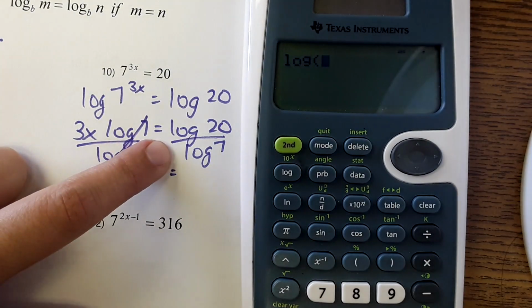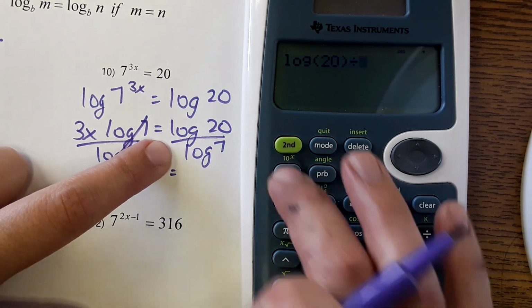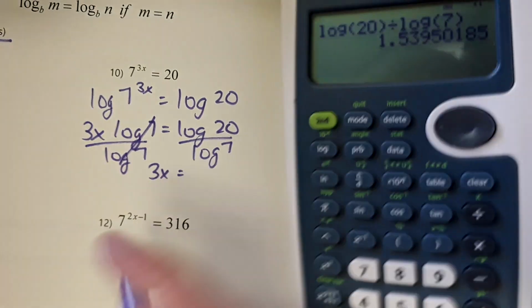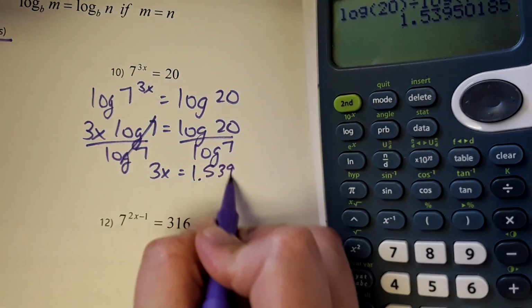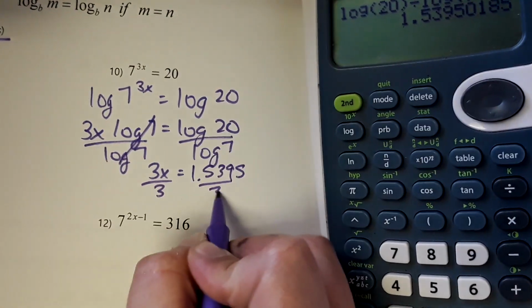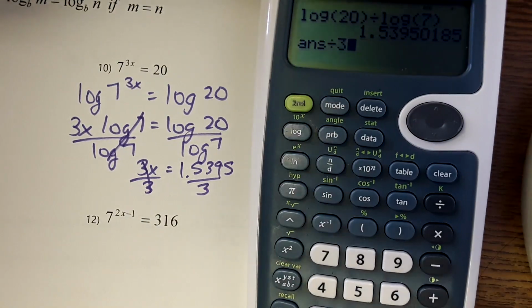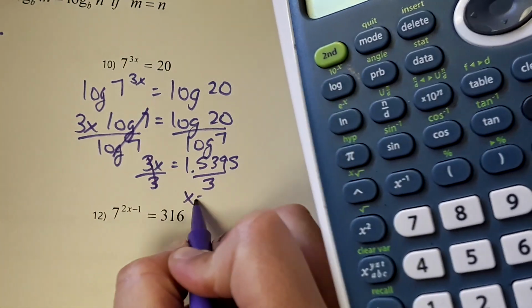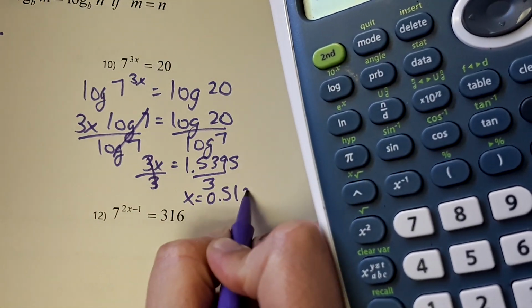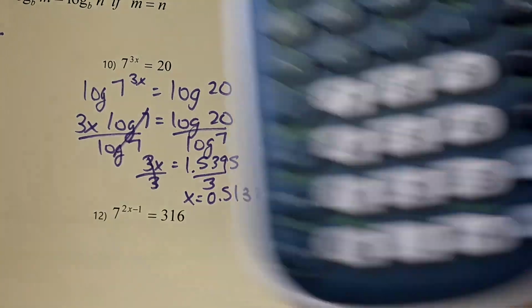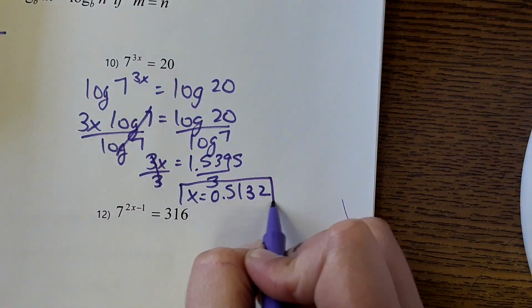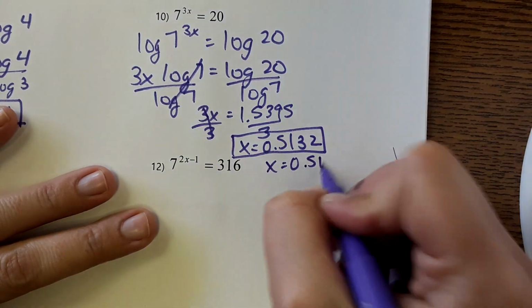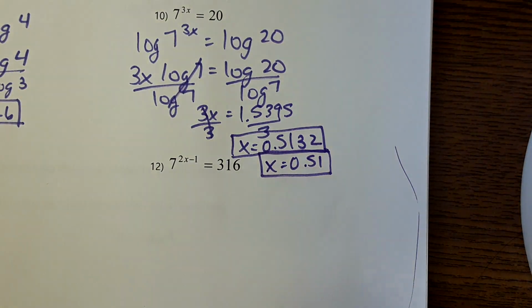Log of 20 divided by log of 7. I get this value. And then I'm going to divide both sides by 3. And it comes out to this. So x equals 0.5132. Or x equals 0.51 if I'm rounding to the hundredths place.